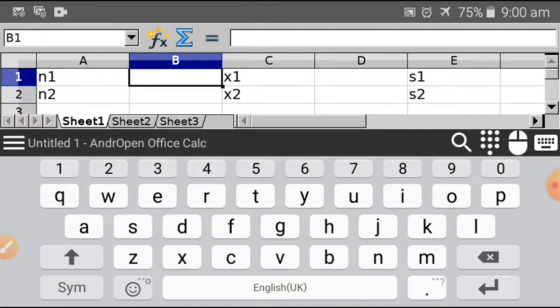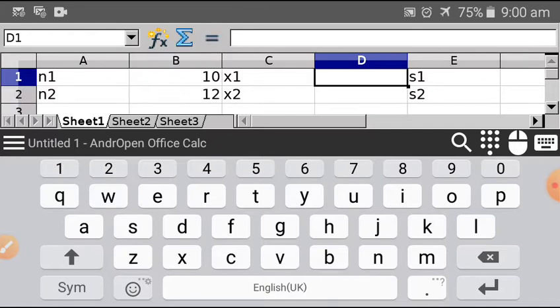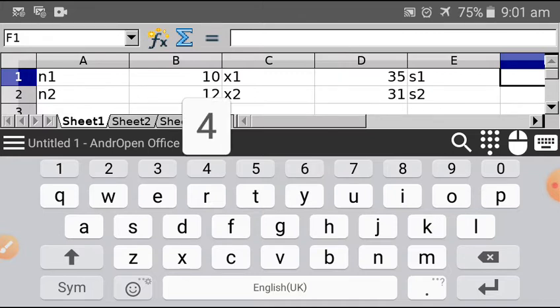The value of n1 is 10, n2 is 12, and x1 means the mean. I have represented it by x1, but it is actually x1 bar, but in Excel it is okay if I am writing it like this. This is x1 bar, x2 bar, and s1 and s2 are given as 4.9 and 4.5.